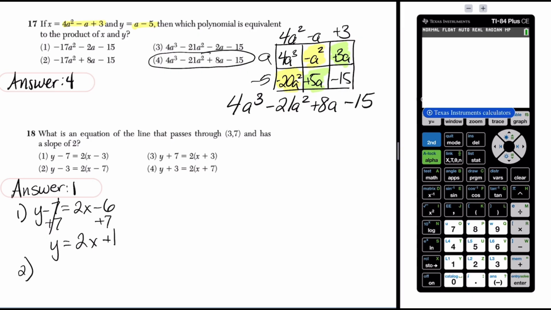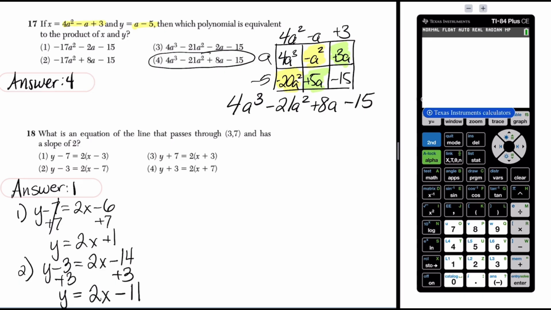For 2, I'm going to get, let's see, y minus 3 is equal, I'm just going to distribute. And now I'm going to add 3 to both sides. And so I can get y is equal to 2x minus 11.